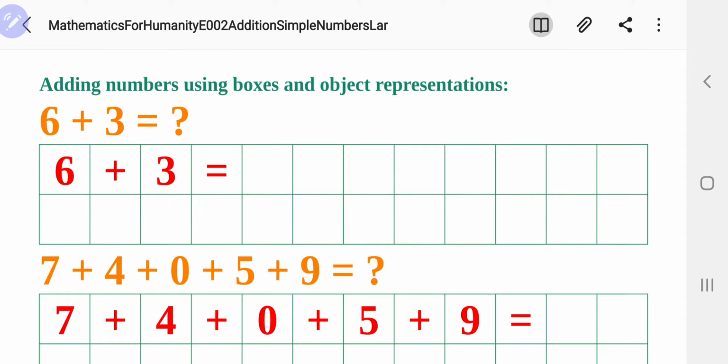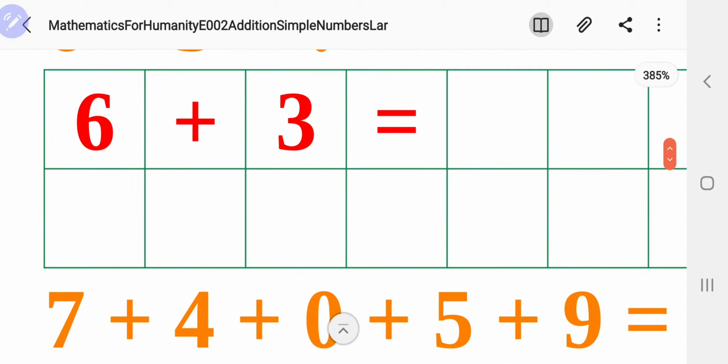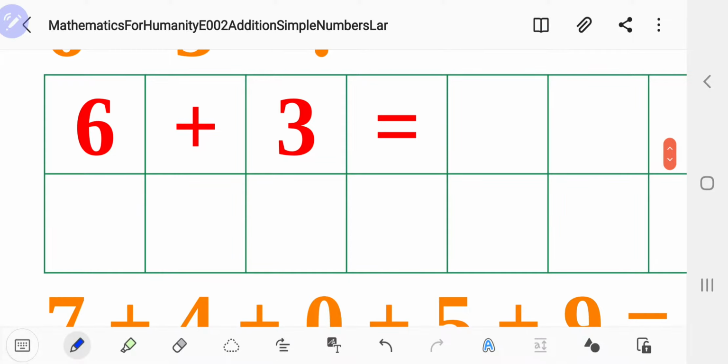Now, what is 6 plus 3? We can actually do this by representing objects to number 6 and number 3. So for example, 6, you write the same symbols for 6. 1, 2, 3, 4, 5, 6.